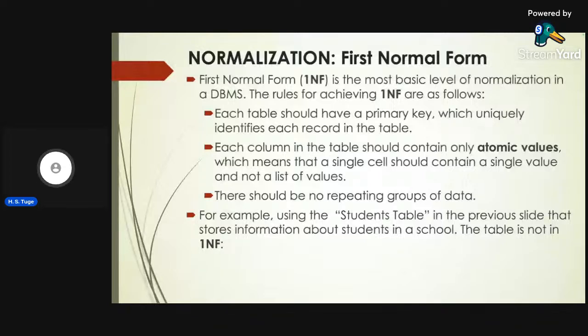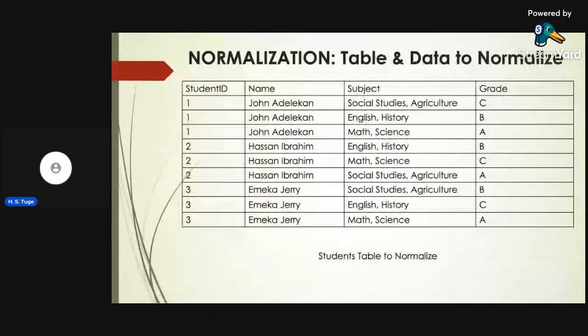Now, if you notice in this particular table, subject contains more than one value, right? What we want is for subject to contain only one value. Now, there should be no repeating group of data.